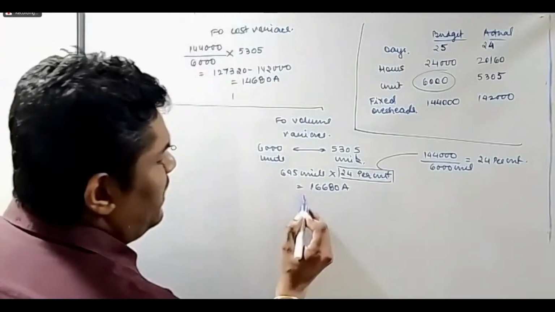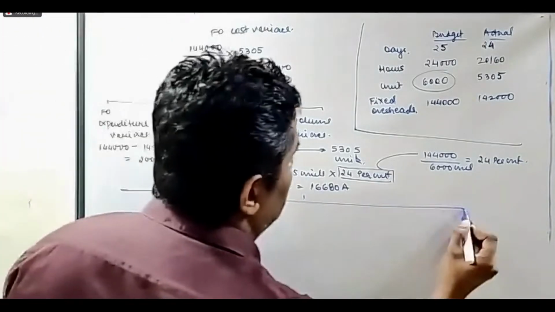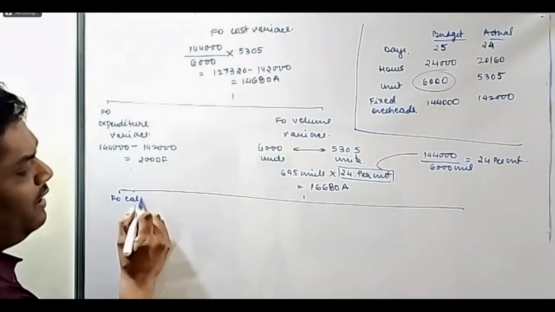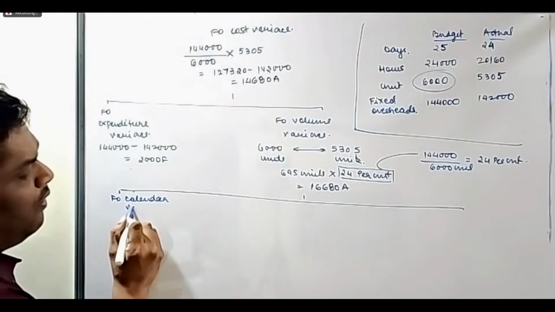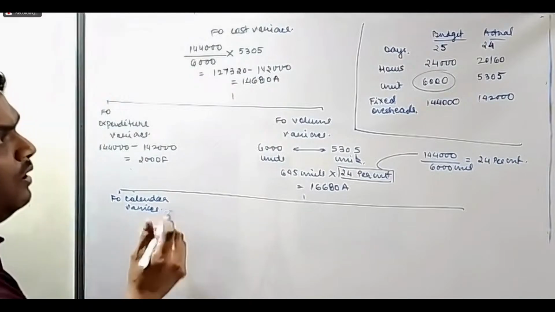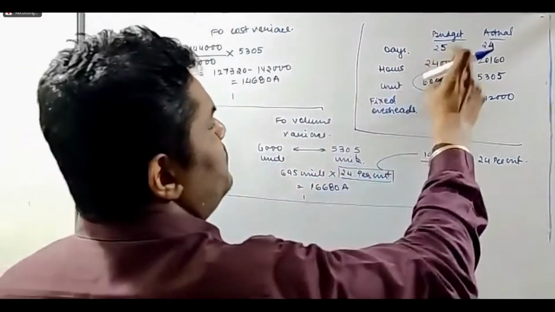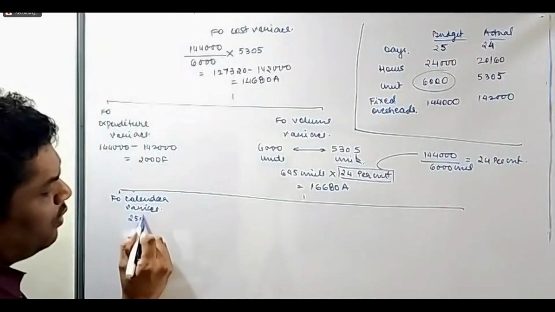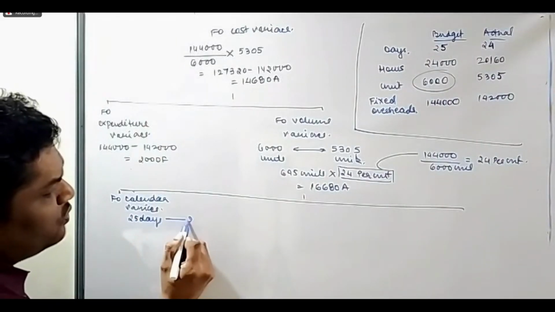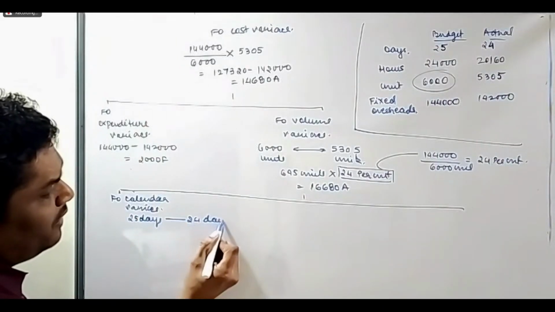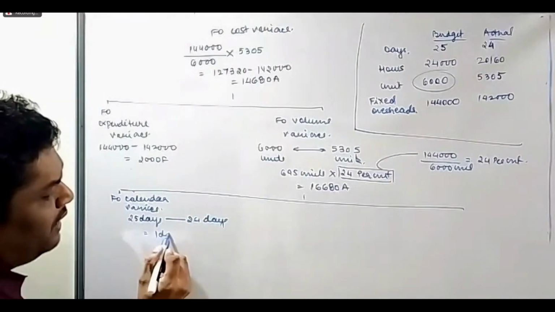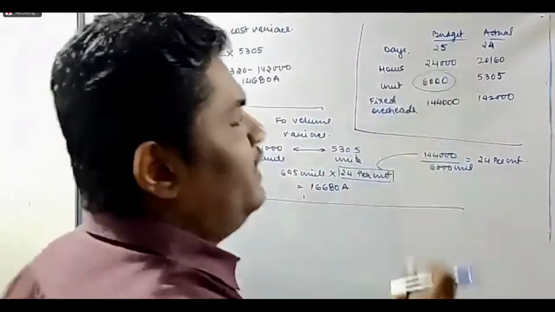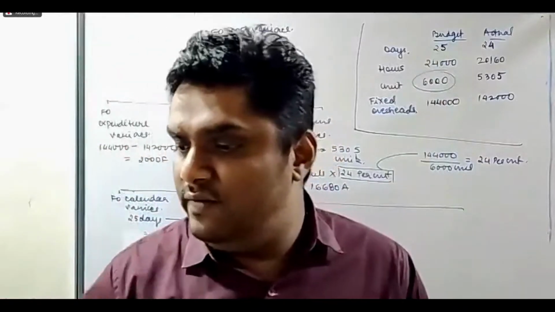Now again, three parts. So let's say fixed overhead calendar variance. Days: 25 days we were supposed to work. We worked for only 24 days. One day less, into the rate per day, that is 1,44,000 divided by 25.